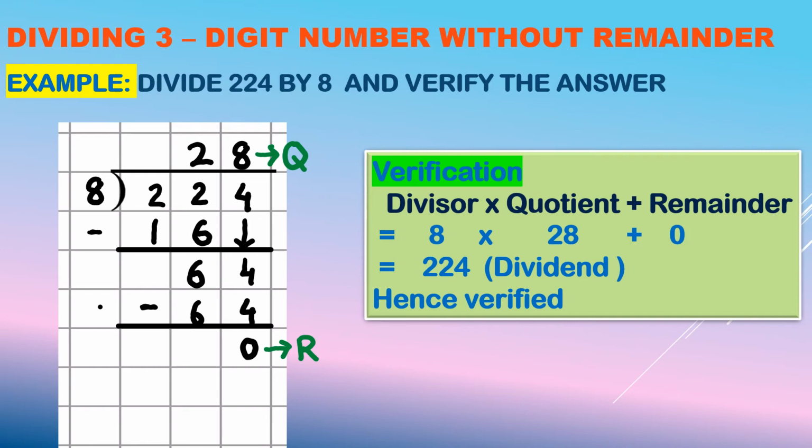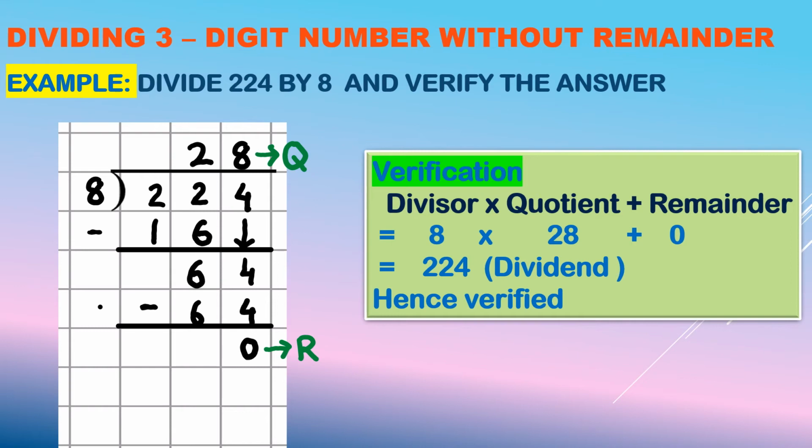Since we cannot divide 2 hundreds by 8, we regroup and consider 200 and 2 tens, which is equal to 22 tens. Now divide 22 tens by 8. You will get 2 tens and remainder is 6. So write 2 in the tens place in the quotient.